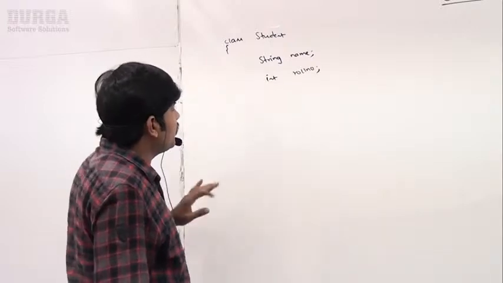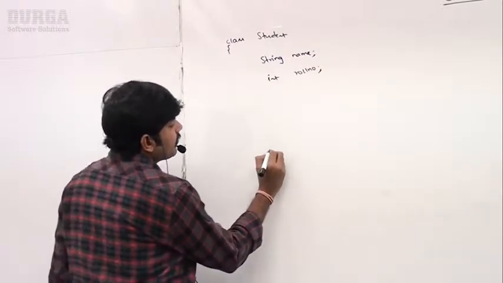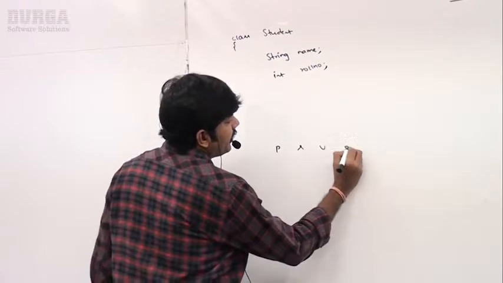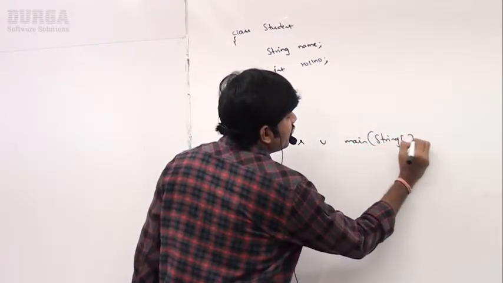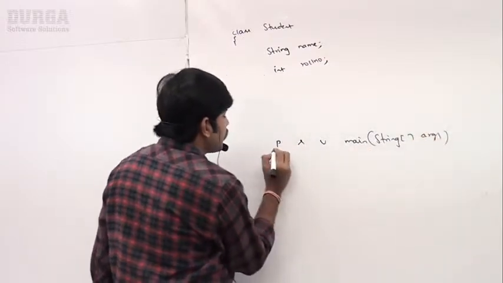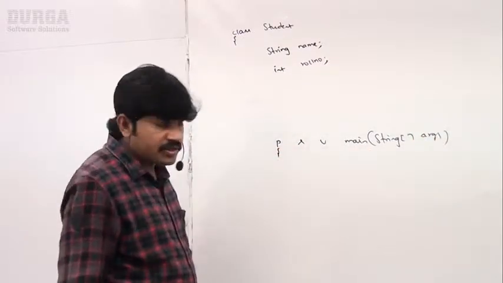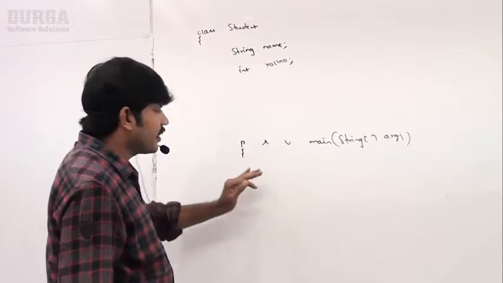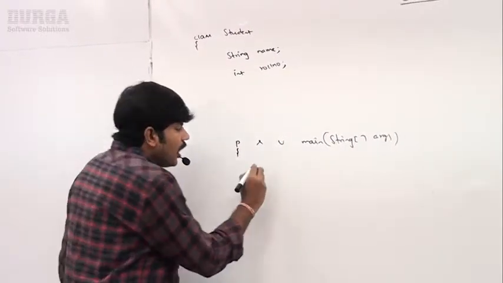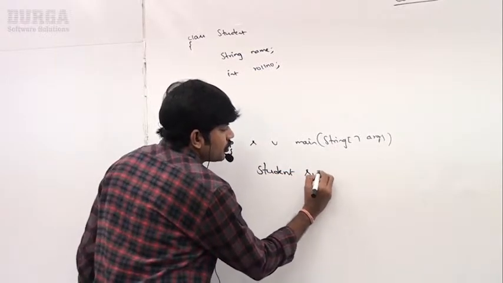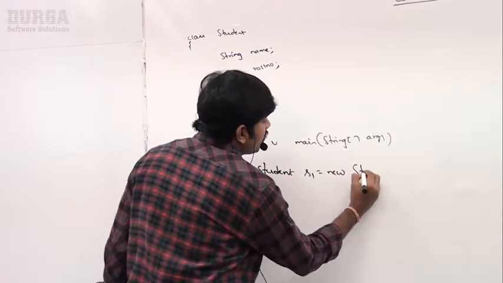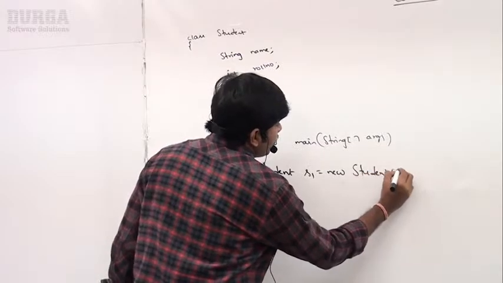Inside the Student class, I'm taking the public static void main(String[] args) method. I'm creating the first student object: Student s1 = new Student().